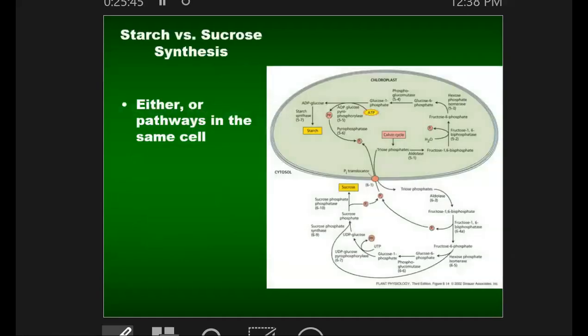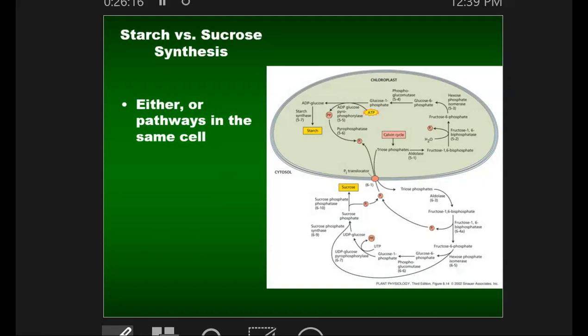All right. So now I've been talking a lot about the C3 cycle, the C4 that's tacked on it, the CAM, that's the night process. So what about sucrose? I've alluded to that. When you run the Calvin cycle or the C3 cycle, there's a point in the cycle where once that molecule gets made to a high enough level, then you can put it into sucrose.